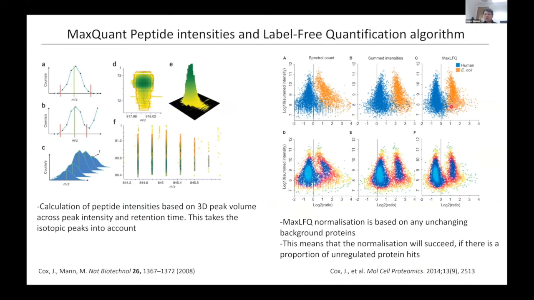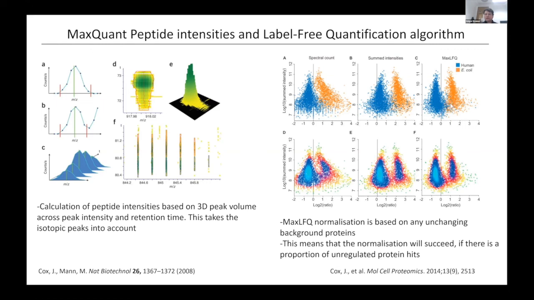And then there will be a few proteins which are present at high or low intensity. And essentially the idea now for the MaxLFQ process is to use the unchanging background proteome to allow us to perform a normalization of the different ones.